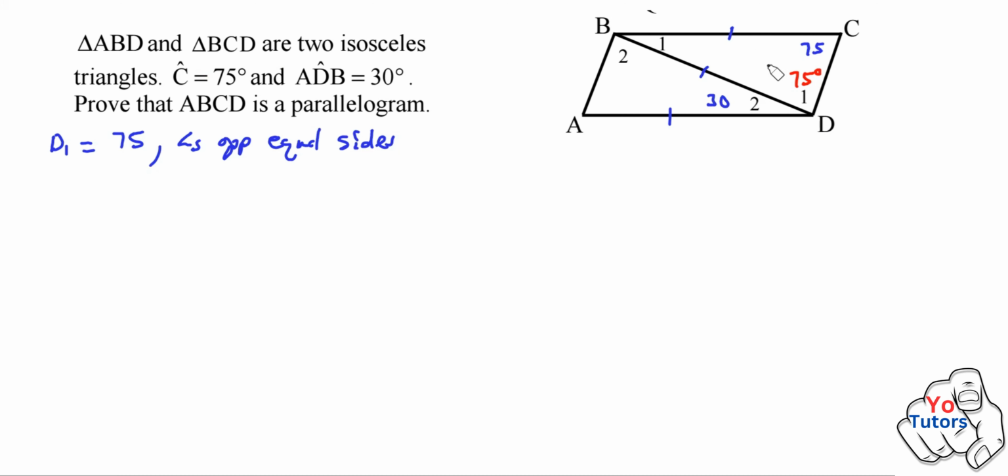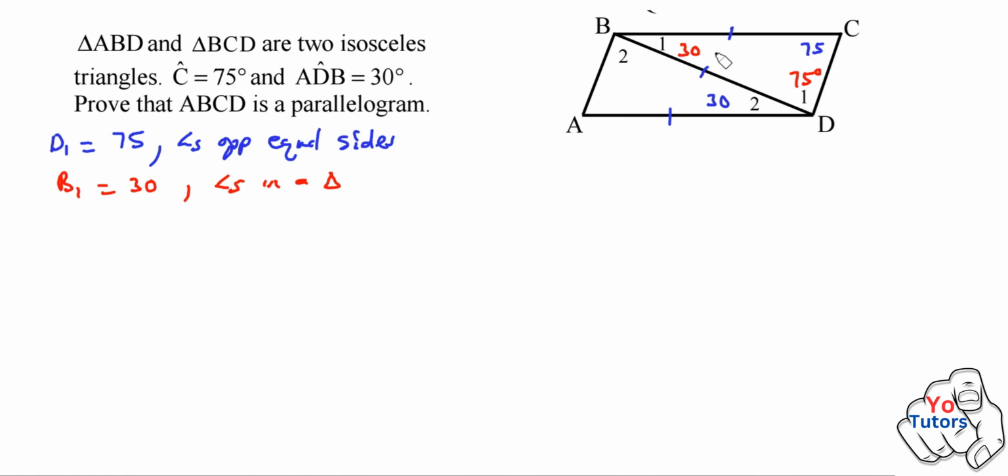Now, what we also see is that B1 is equal to 30. Now, when we have B1 equal to 30, these are angles in a triangle. Here, angles in a triangle add up to 180. So now we have got B1 is equal to 30.